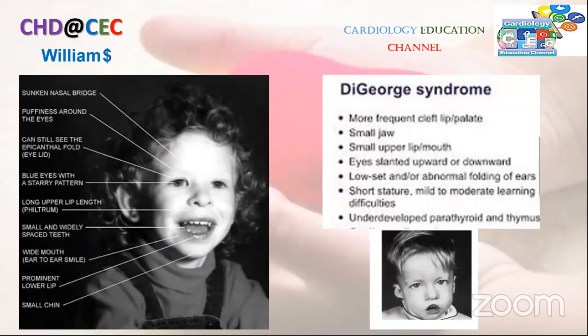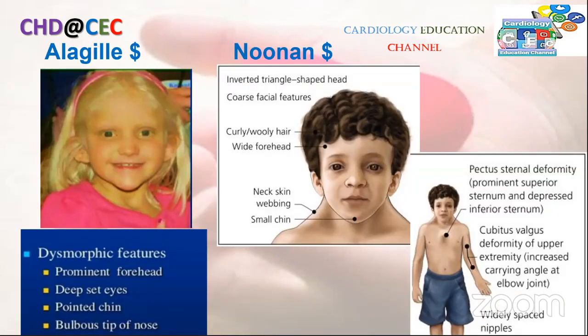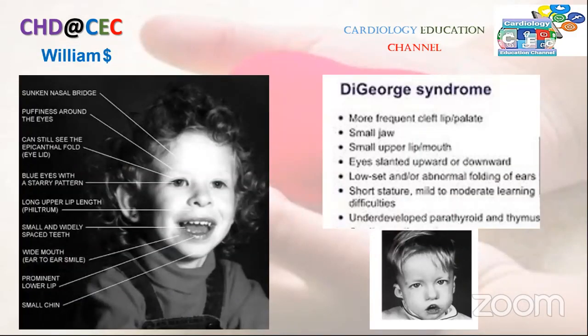Williams syndrome, the Alagille and Noonan, some of them have a degree of mental retardation, but there are some patients with Alagille and Noonan who have good mental development. Williams syndrome, almost all cases have mental retardation. It's affecting the social and communication function.